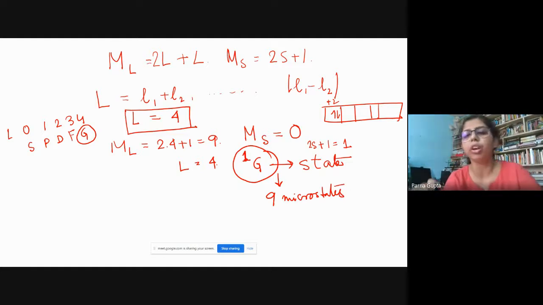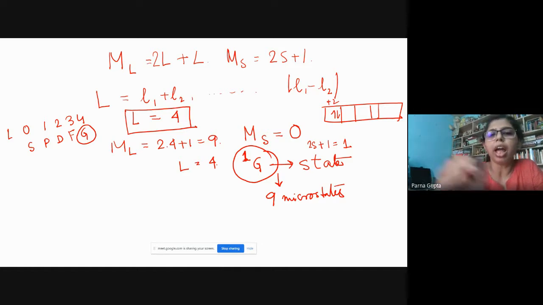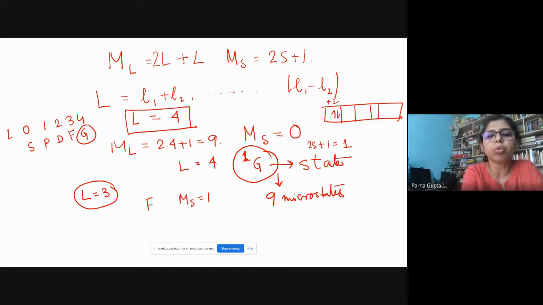So you can draw it, and take the idea from this 3p system, and then you will have the other values. Next is L is equal to 3. So you will have F. And if L is equal to 3, you will see that there is an ms value equal to 1, and then you have the term 3F.